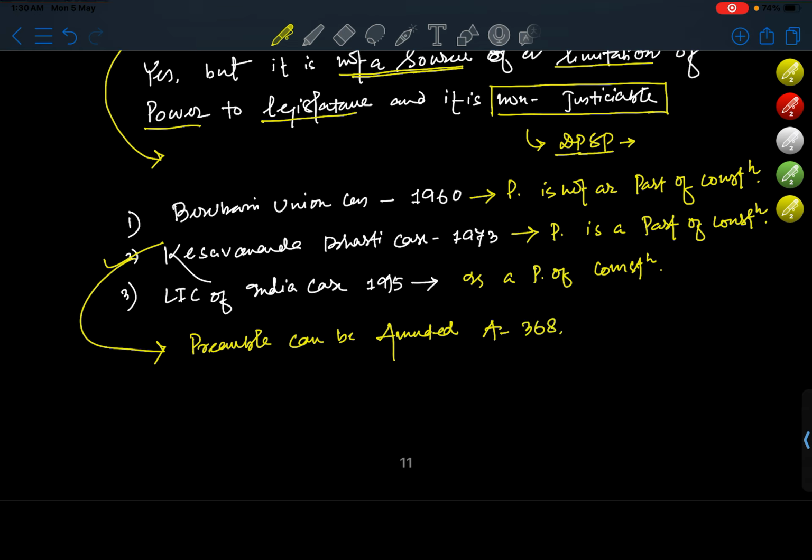So there is a concept called basic structure that has come up in this case.